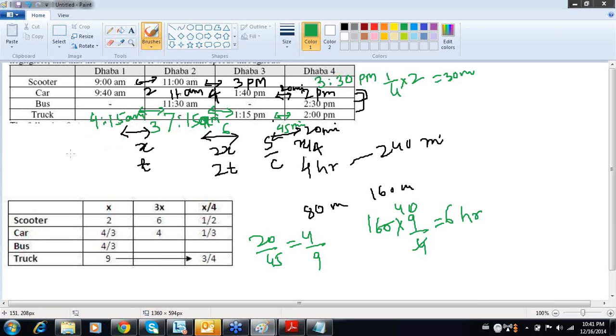So if you see, truck cannot be, truck is the lowest one. So just calculate from here. So 11:30 a.m. here, it took 11:30 a.m. here. So how much will it be? Just a minute.